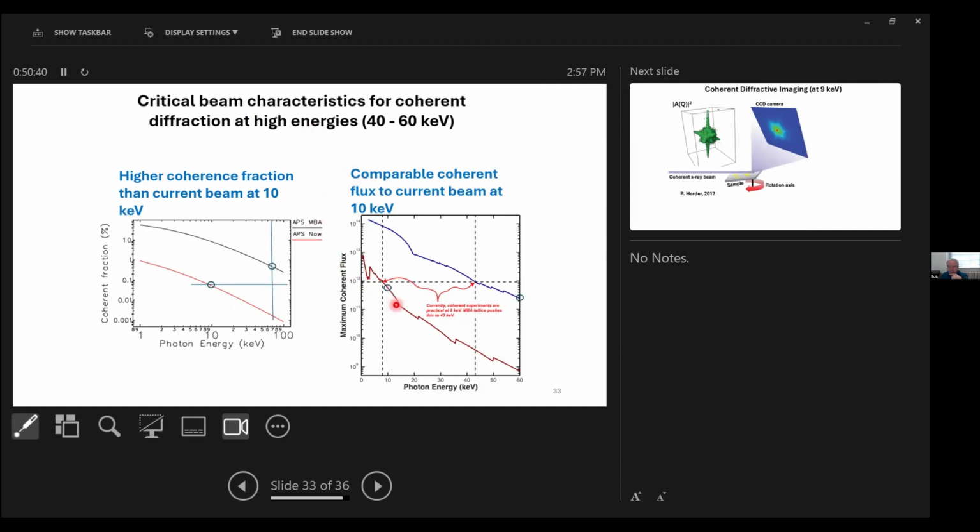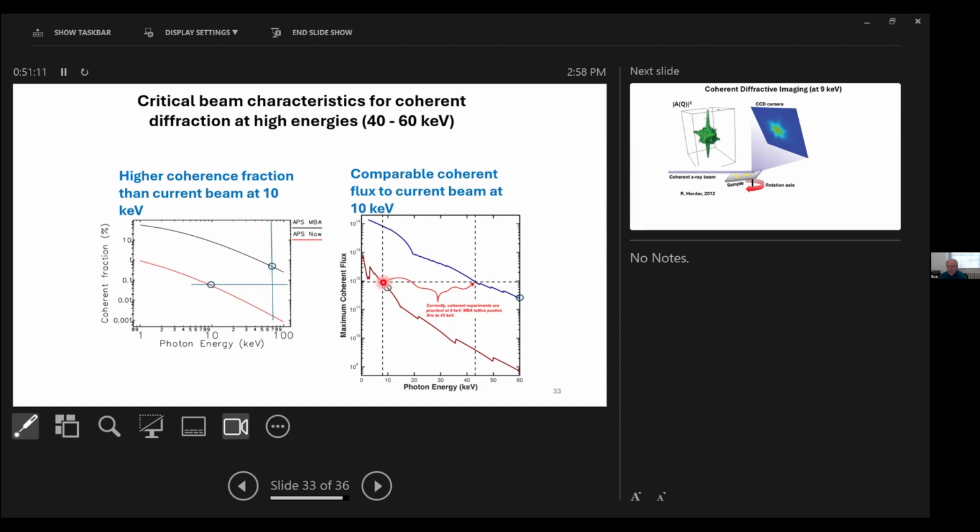So, for example, most of the BCDI measurements currently are done at 9 kilovolt photon energies, and this is the maximum coherent flux that you expect to get. The red line is the prior APS, and this blue line is the new APS.